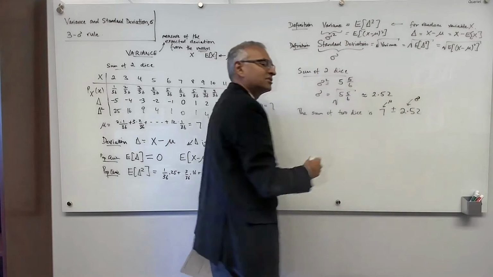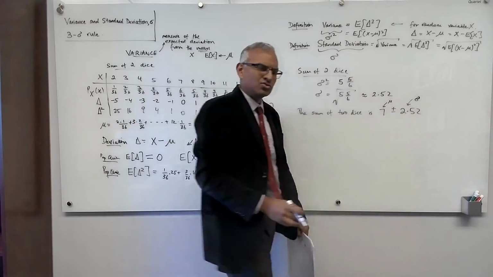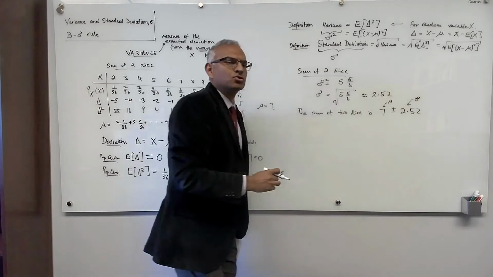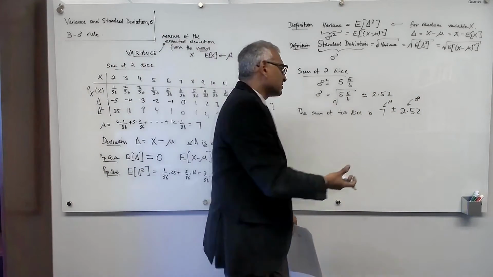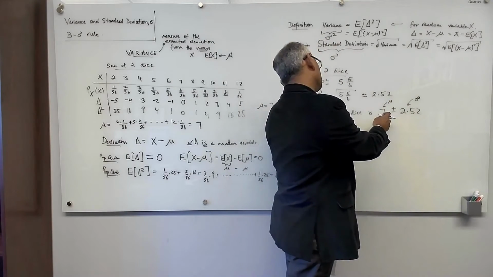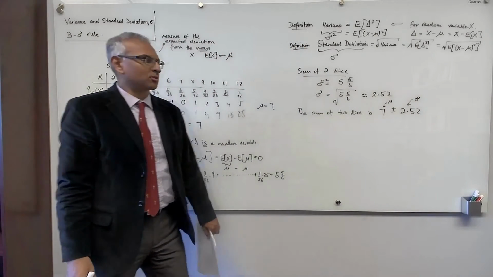We'll see later in this class in what sense this is true. You can think of it as identifying a range, 7 plus or minus 2.52. When you roll a pair of dice, the likely outcome is somewhere in this range, which is approximately 4.5 to 9.5.